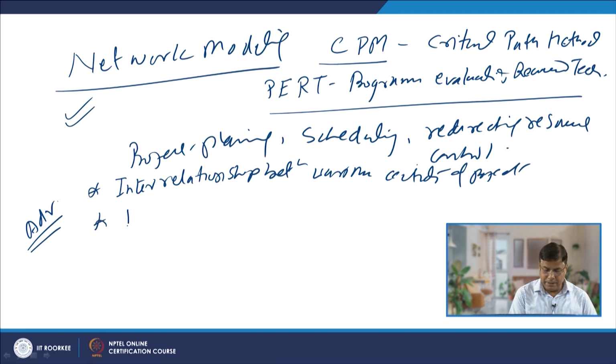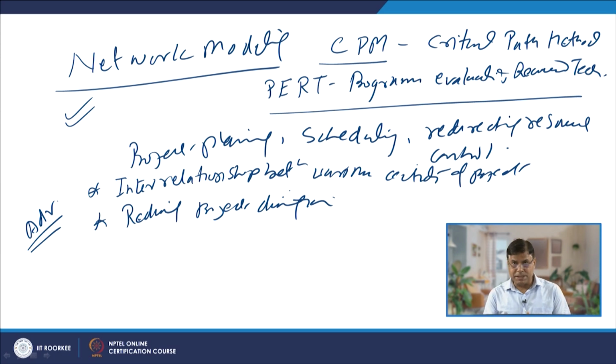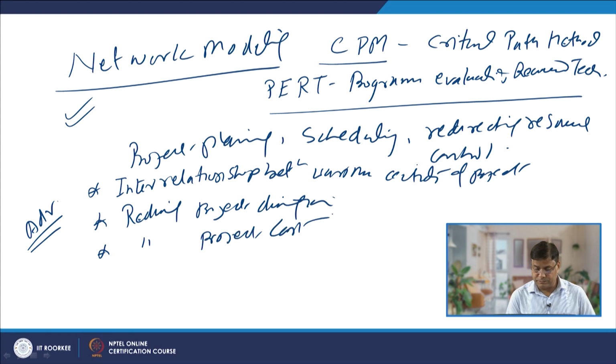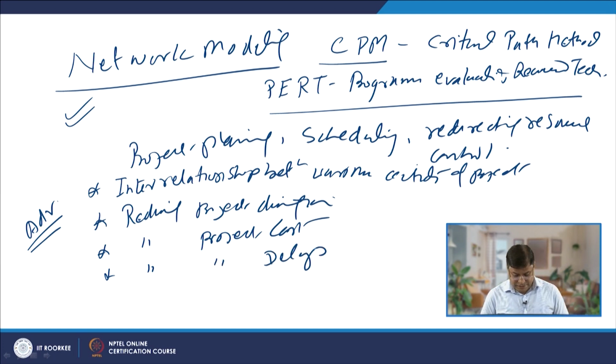It helps in reducing the project duration. Say if earlier it was taking 6 months, then through the network modeling approach it may be done in 4 or 5 months, and that in turn also helps in reducing the project cost and reducing project delays.